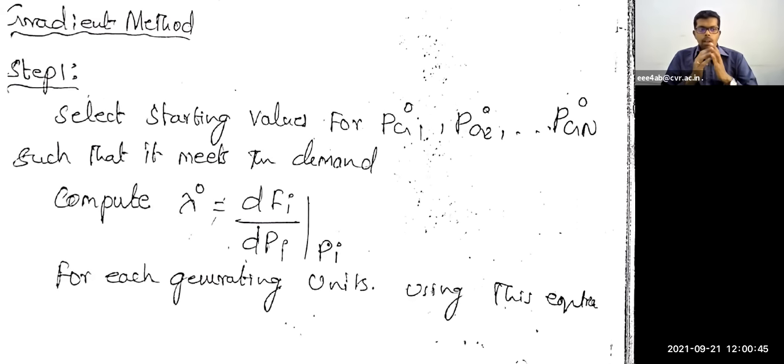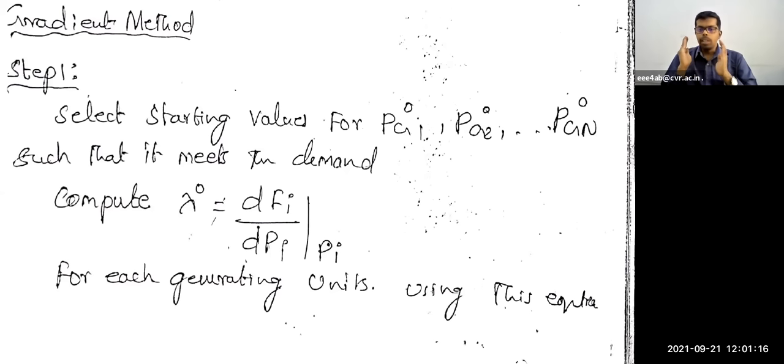Just for refreshing, what is step one? We need to select the starting values for power generation. That is for first generating unit, second generating unit, up to nth generating unit. So whatever the generating units given in the problem, whether it might be 2 generating units or 3 or 10 or 100 generating units, first we need to select the starting values such that they meet the demand.